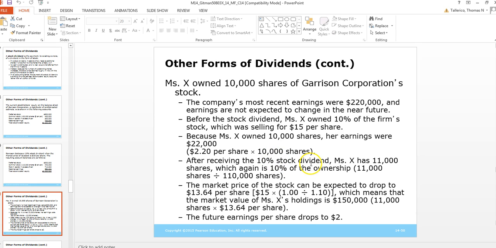After receiving the 10% stock dividend, you notice she picked up 10% more shares, right? She owned 10,000. 10% of 10,000 is 11,000, an extra 1,000 shares, right? And they go through this math, and the market price of the stock can be expected to drop to $13.64 per share, which means that the market value of her holdings is $150,000. So the future earnings per share drops to $2, right? Because there's more shares now.